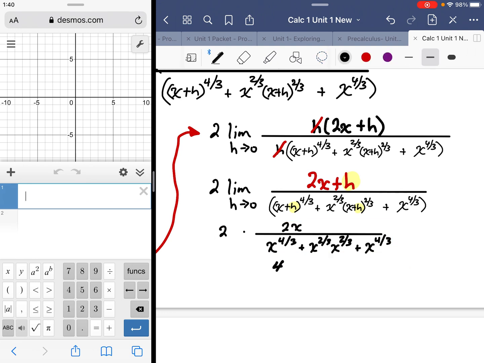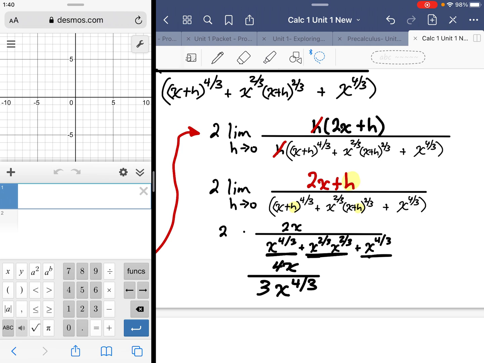So simplify: 4x over, we have x to the 4/3. This is another x to the 4/3 when you put it together. This is a third x to the 4/3. So 3x to the 4/3.